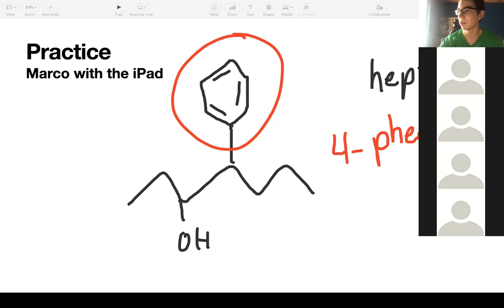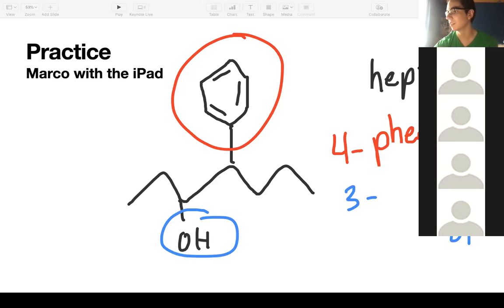And this OH group down here, we know is an alcohol. And we indicate alcohols only by the suffix -ol, and we know it's on carbon 3. So 3-something-ol. And where we put the -ol, we just drop the E and add the -ol.